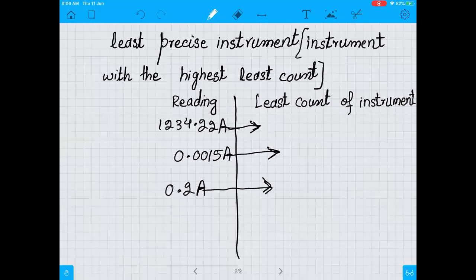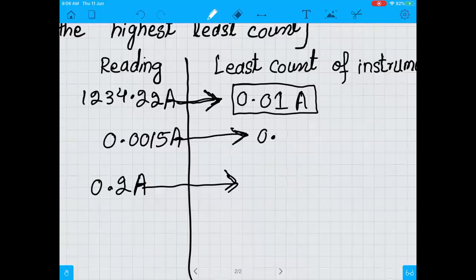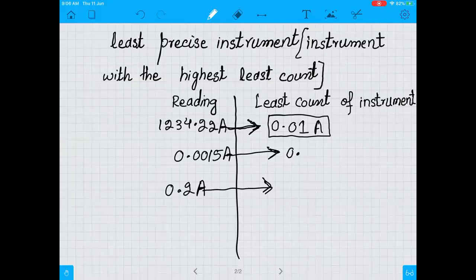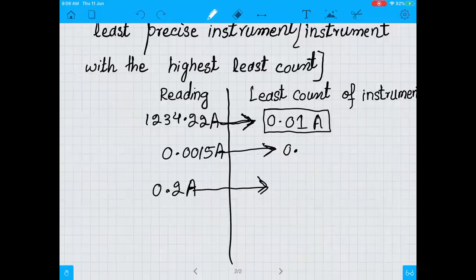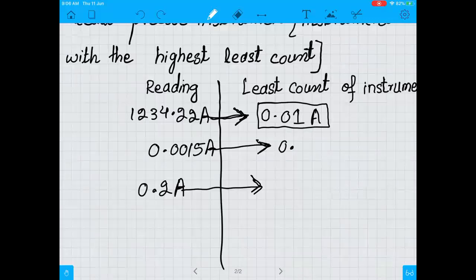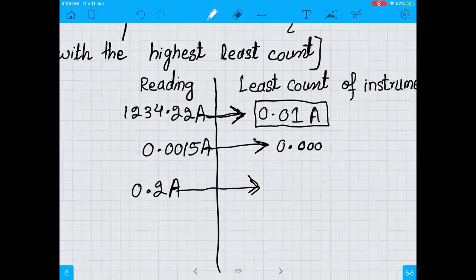Just for example, the least count of the instrument for the first reading is 0.01 ampere. The least count of the second instrument is 0.0001 ampere.